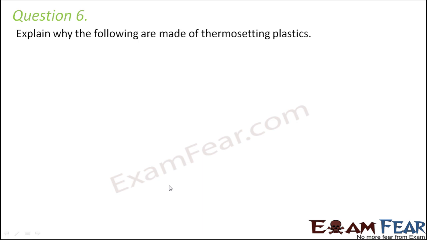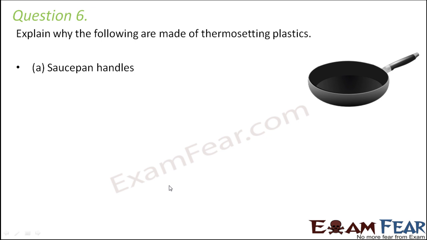Question number 6. Explain why the following are made of thermosetting plastics. Now what are thermosetting plastics? Those which do not get deformed when heated. So saucepan handles. Now what do we do with the saucepans? We cook food. So we put them on fire, we put them on heat. If the handles also get heated up, we will not be able to touch the handle comfortably.